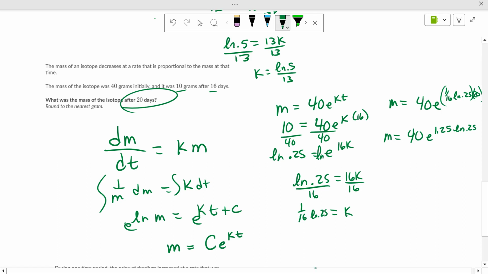Because 20 divided by 16 is 1.25. If you put that into your calculator, what do you get? Rounded to the nearest gram. 40 times e to the 1.25 ln of 0.25. Around 7 grams. Which makes sense.